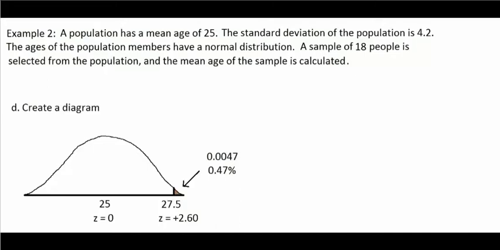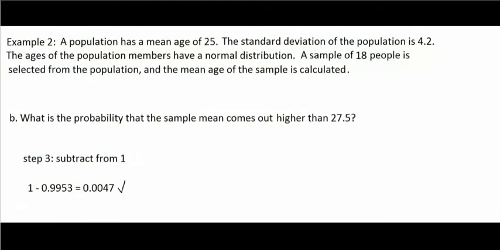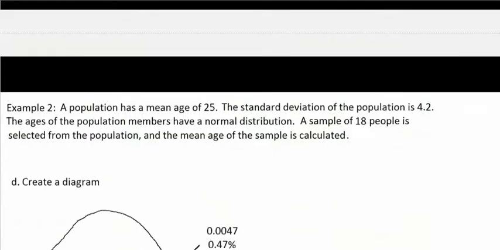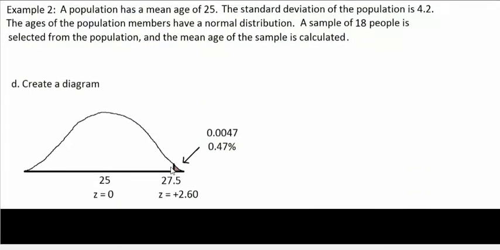because the problem said, in part B, what's the probability of the sample mean coming out higher than 27.5? So we're focusing on the possibilities above 27.5 to the right, which means we have to shade to the right of our number.